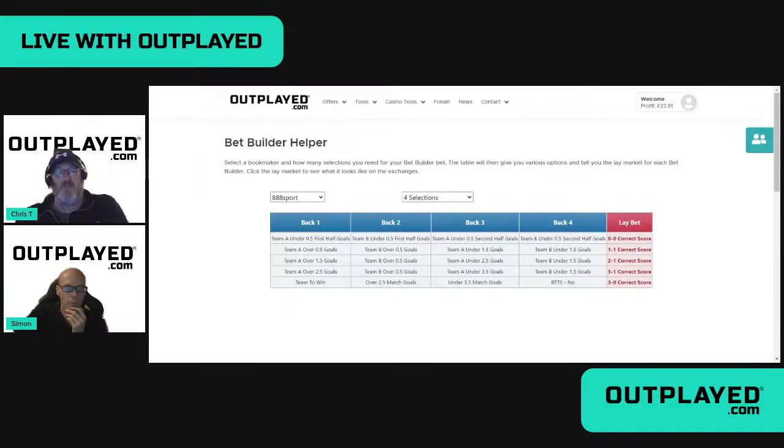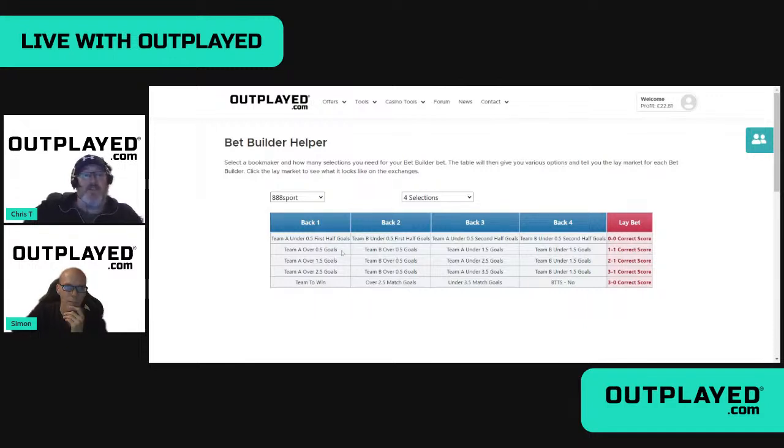So overall, it does work out a little bit better from that side of things. But all this does, it just tells us for 4 selections, all we need to do is look at Team A, so Blackburn Rovers, Team B against Leicester.